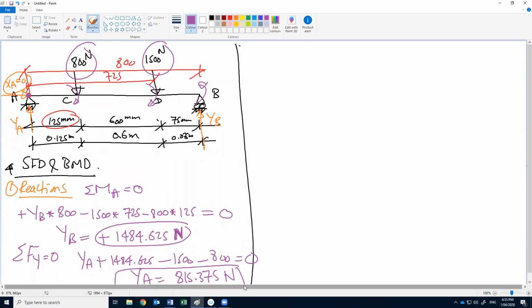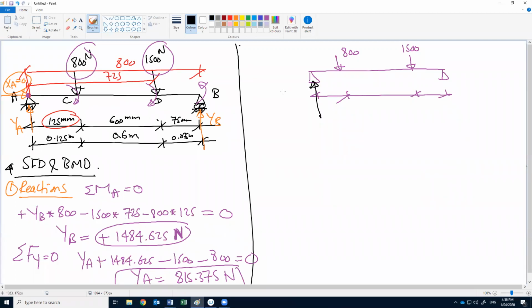Now we will simplify this here. We have 800, 1500, and this is our distance. The reaction here 815, and the reaction here 1484.625.